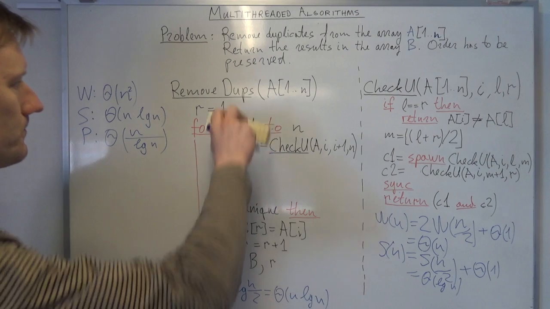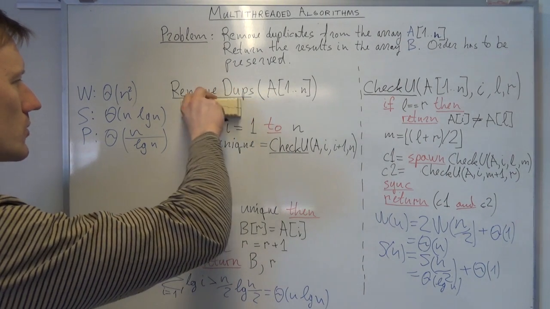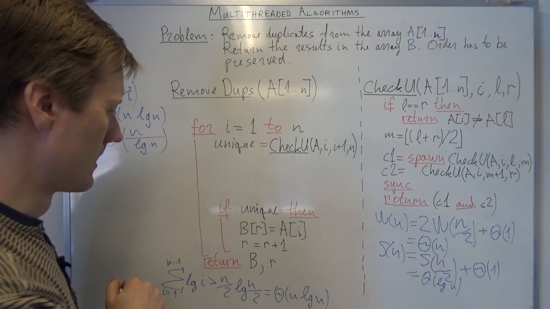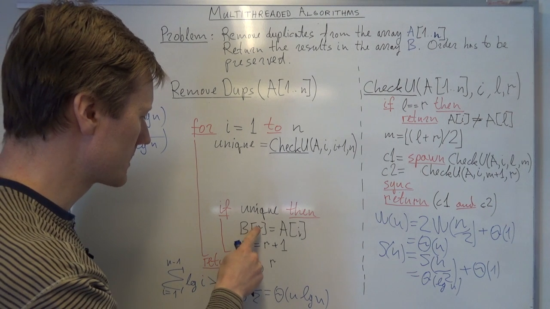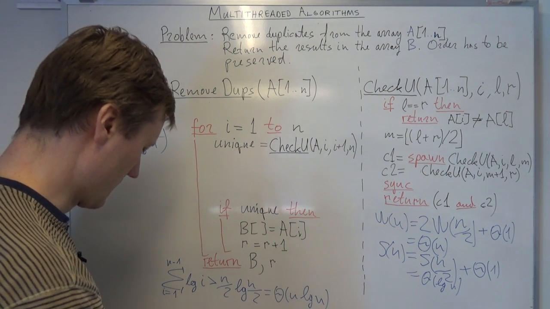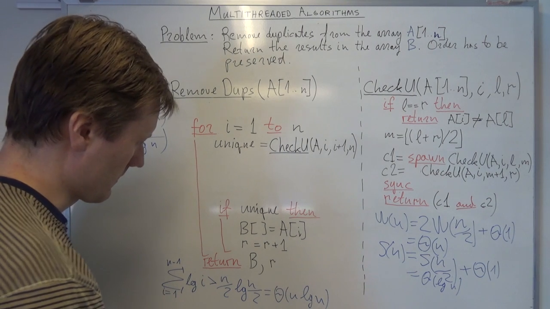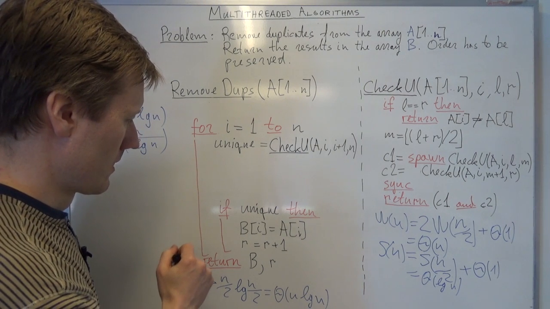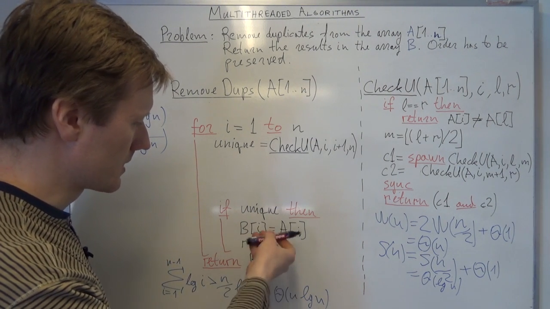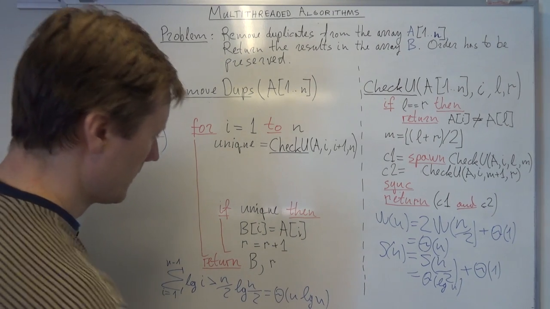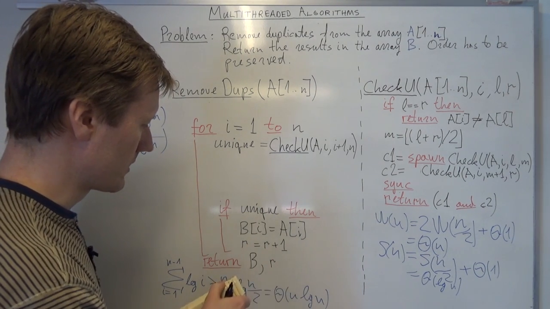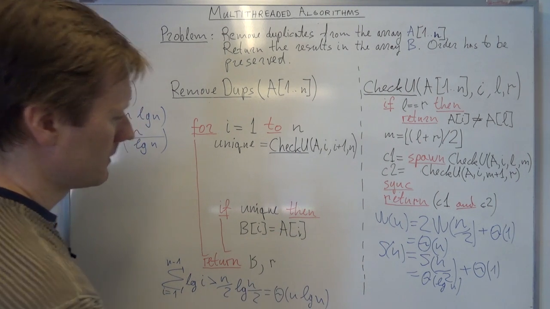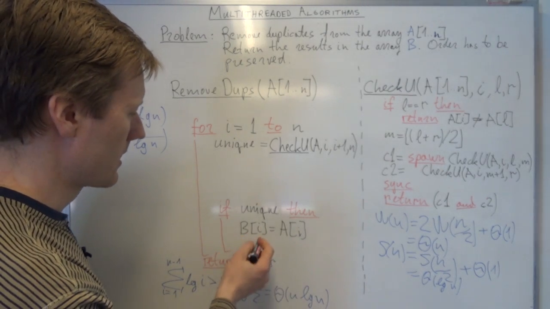So let's just do that. Now, of course, we will not get exactly the result that we want, but maybe we can fix that later. So let's get rid of R, and let's have this B array with these kind of gaps where, if we see that the element is unique, we insert it in the position i.